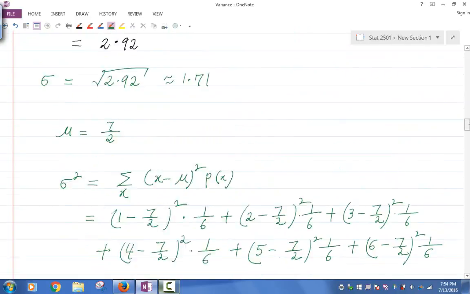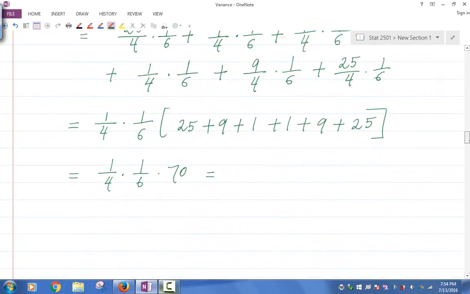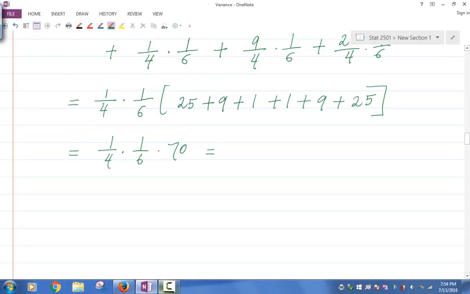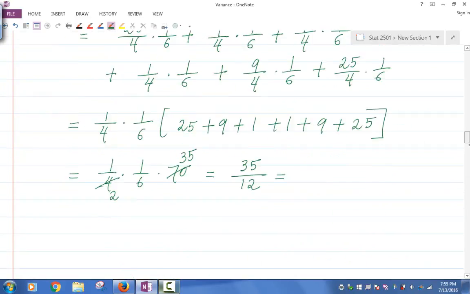which would be equal to, so remember what we got before. We had 35 over 12 before. 2 goes into 4 twice, and 2 goes into 70 35 times. So I get 35 over 12 again, which we know is about 2.92.